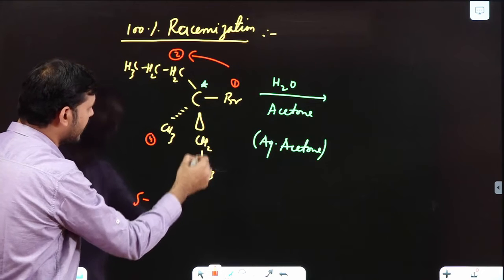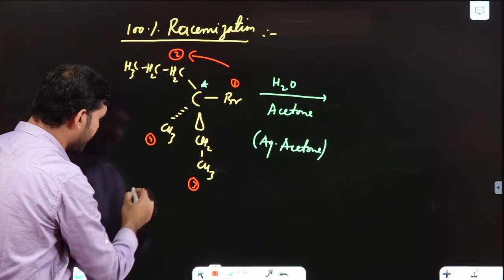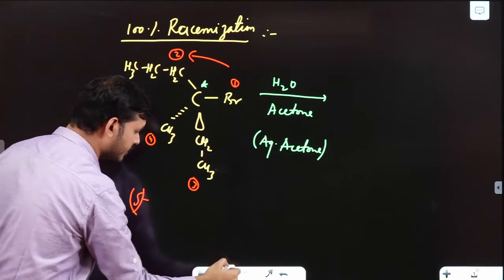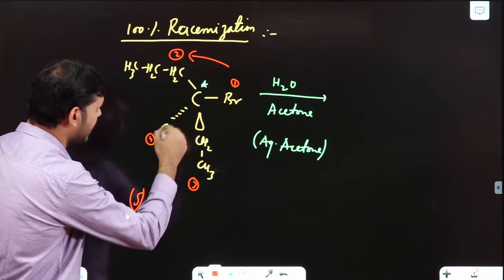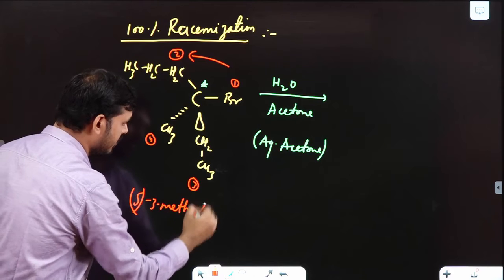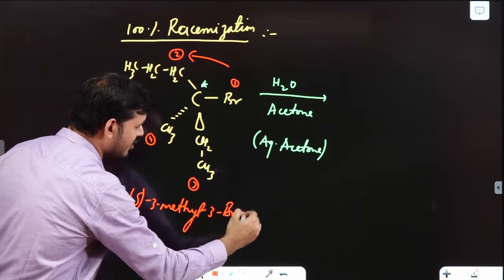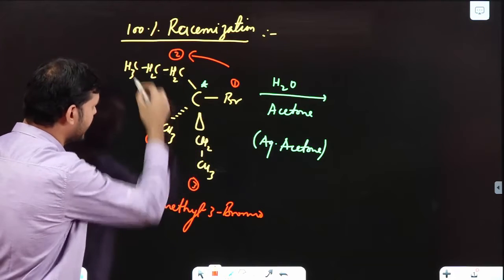If I make numbering 1, 2, 3, it is S configuration, and it is 3-methyl 3-bromo hexane, 1, 2, 3, 4, 5, 6.